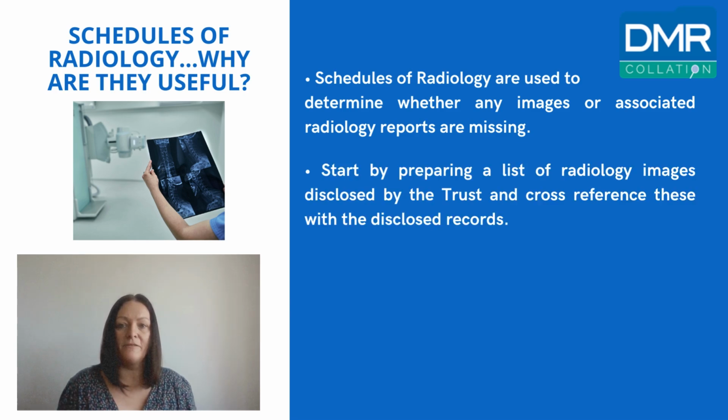Start by preparing a list of radiology images disclosed by the Trust and cross-reference these with the disclosed records. You will need to review all disclosed radiology reports, the GP records, clinical notes, and relevant correspondence to ensure that you have received images for all radiology taken, and, if that image was formally reported, the radiology report for that imaging.